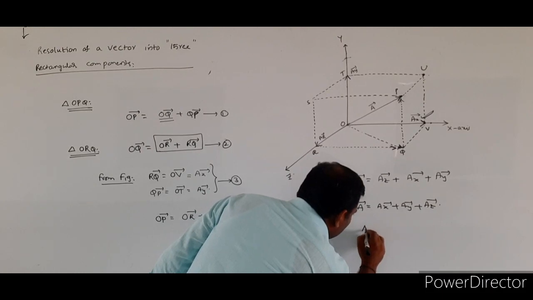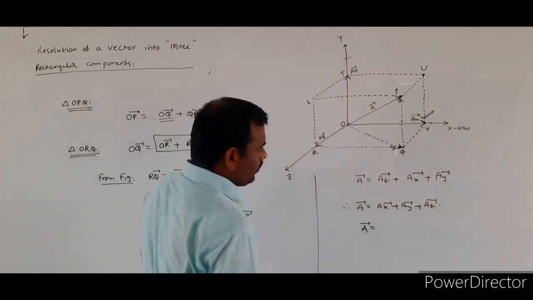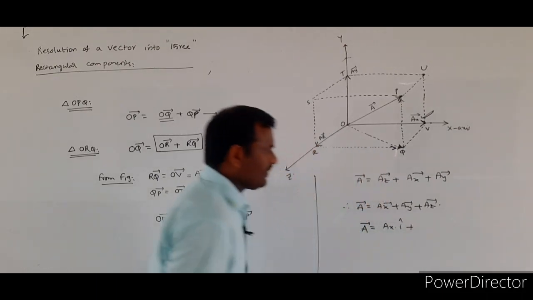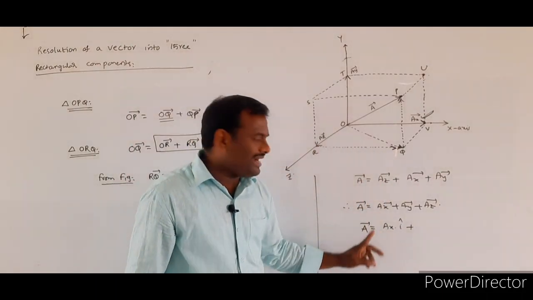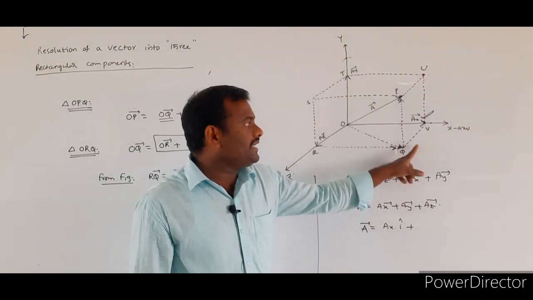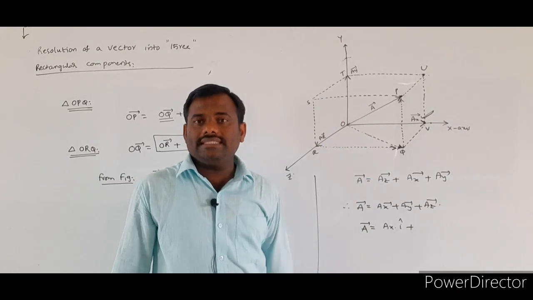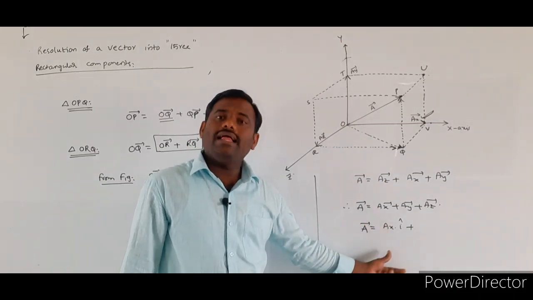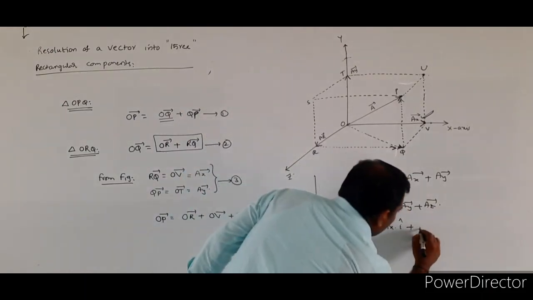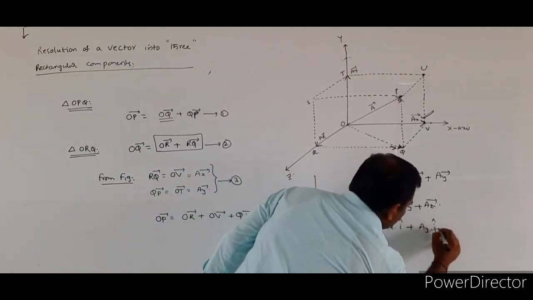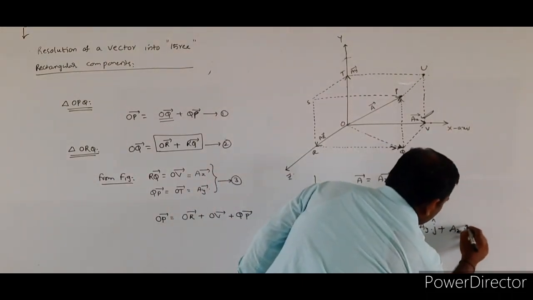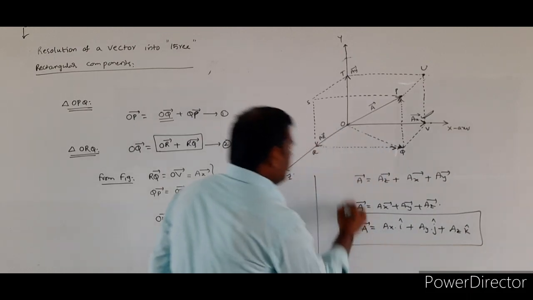It can also be written as A bar is equal to AX into I cap, where AX is the magnitude along the x-axis and I cap is the unit vector, and AY into J cap plus AZ into K cap.